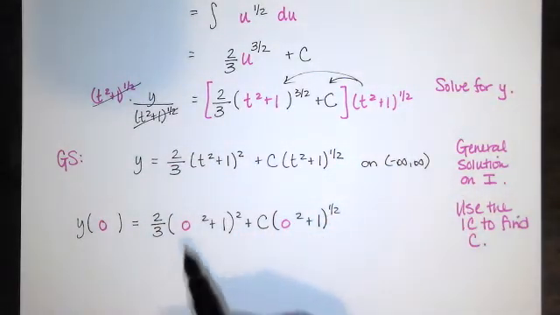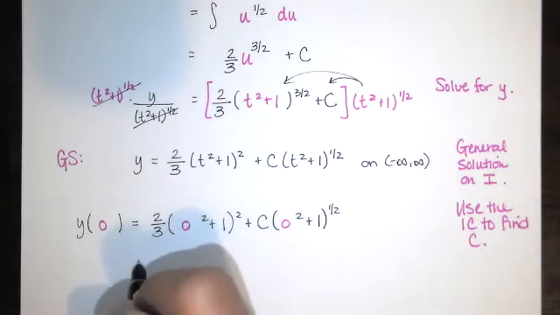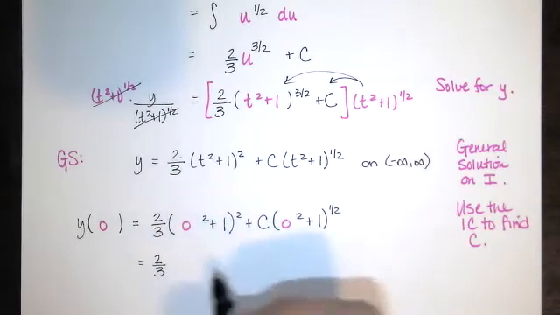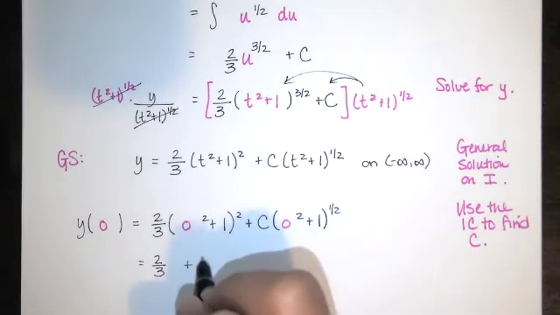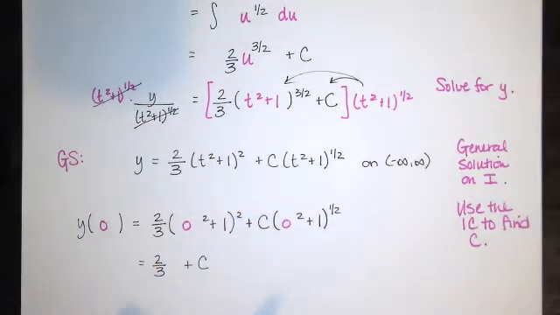Simplify as much as possible. Of course, that's just 1 times 2/3, that's 2/3. And that's 1 times C, which is C. That's y of 0 in general, regardless of what the value of C is.